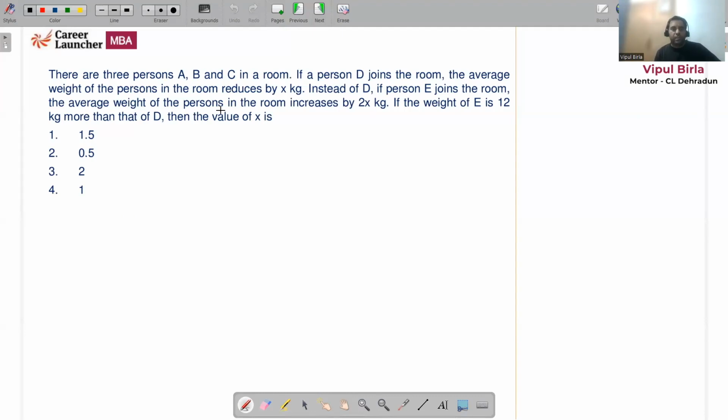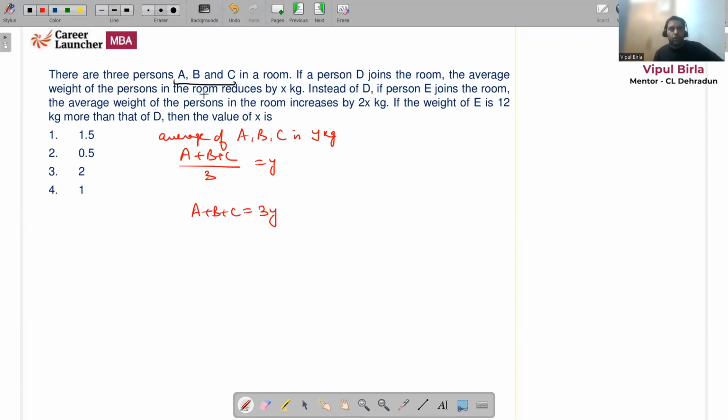So let's say the earlier average for ABC is Y kg. So the average of ABC is Y kg. Therefore A plus B plus C upon 3 is Y, which gives me A plus B plus C equals 3Y.